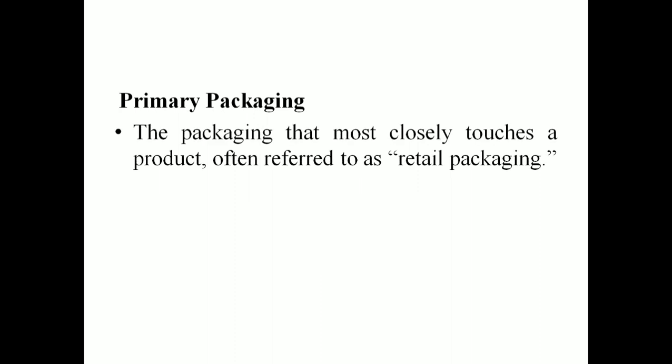Let us see what primary packaging is. This is the package that most closely touches the product. Actually, it is the package that is on top of a particular product, and this is called retail packaging. So it covers the particular product, and it is a retail packaging process.